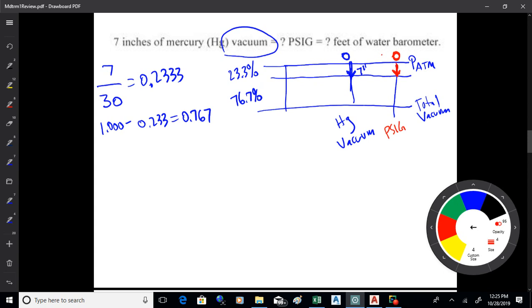I also want to know what a water barometer would read. That's on this side. That starts at 0 right there. So I got to figure out what those numbers are, okay?